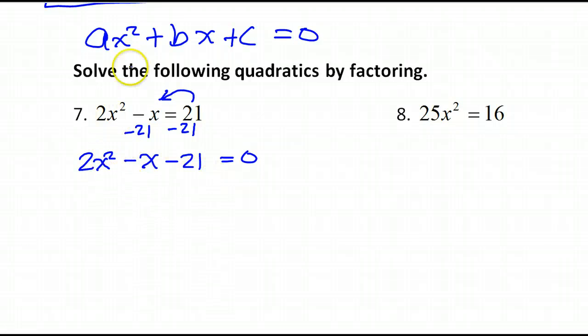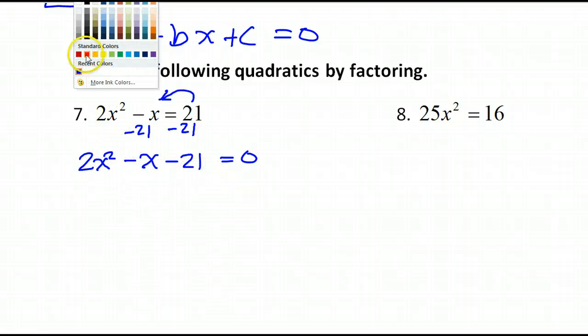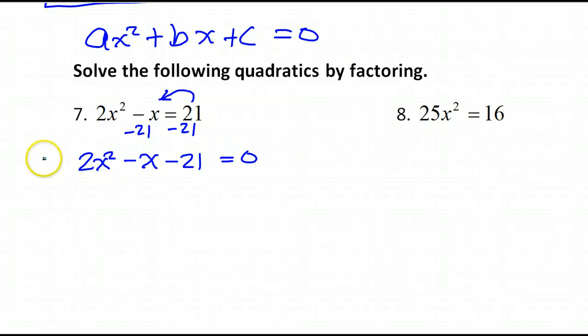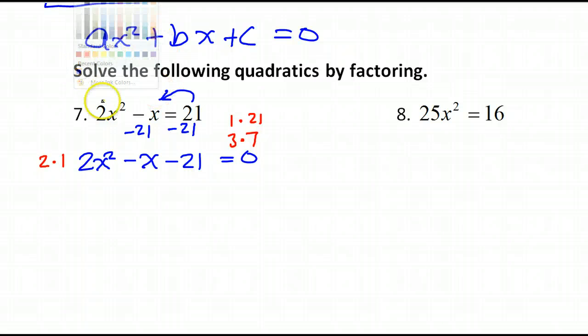So we'll factor this. Looking at the 2, that can only be 2 times 1. Looking at the 21, there are two possibilities. It is either going to be 3 times 7 or 1 times 21. Those are the only two possibilities. So let's give it a shot. There are no common factors.